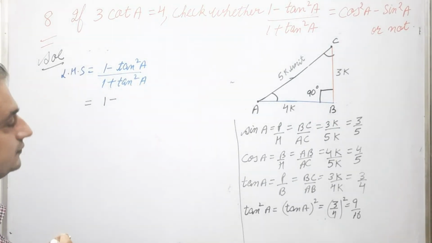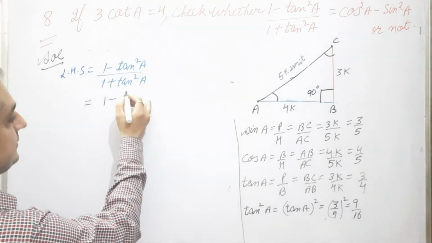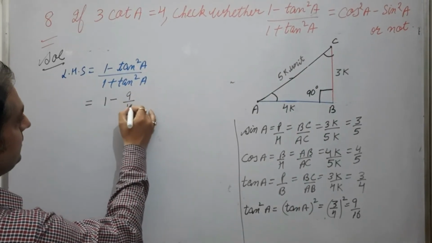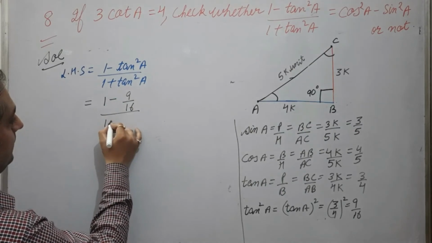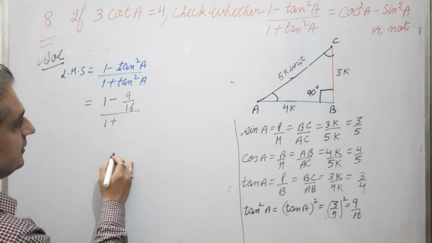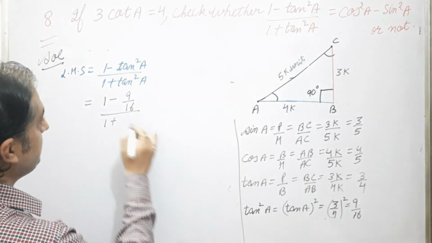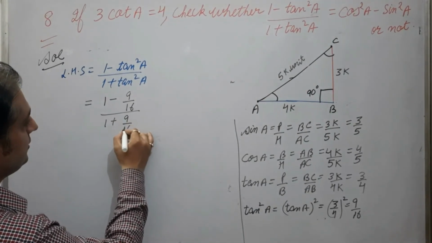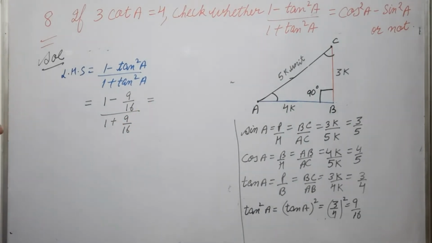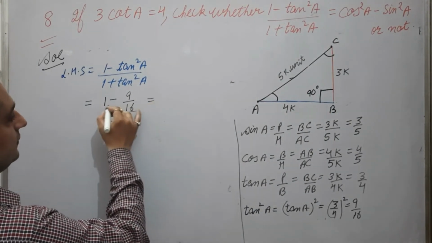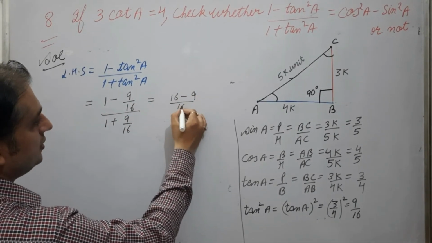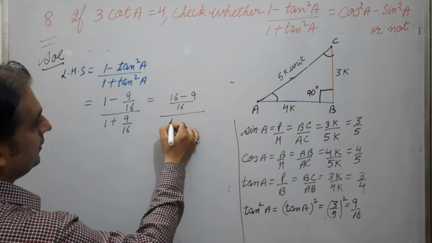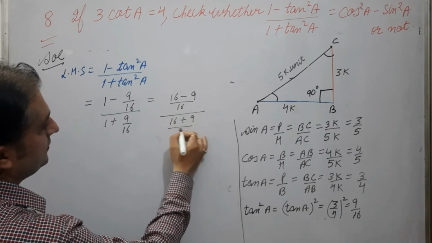So 1 minus tangent square A is 1 minus 9 upon 16, right, over 1 plus tangent square A. You can write tangent square A, that is again 9 upon 16. Solve it by taking the LCM. So it will become (16 minus 9 over 16) by (16 plus 9 over 16).